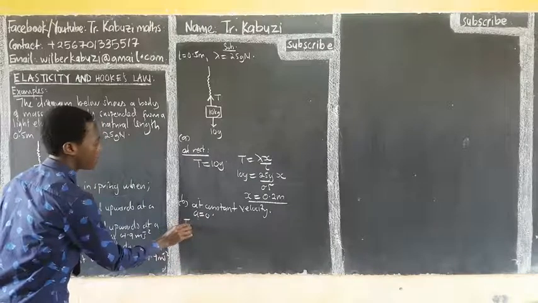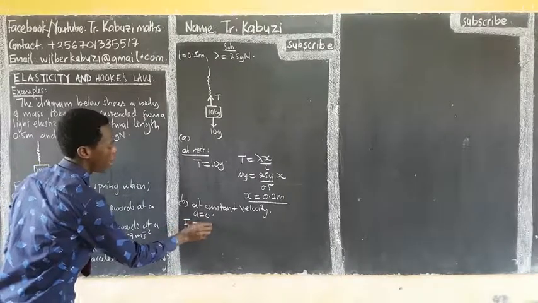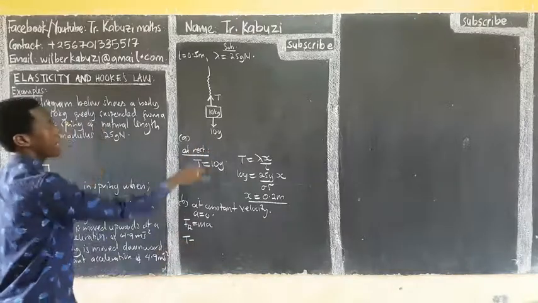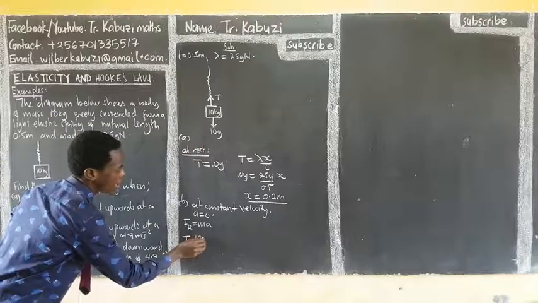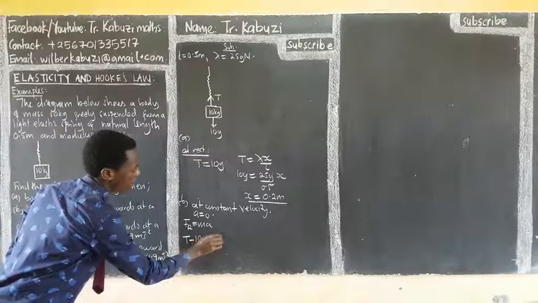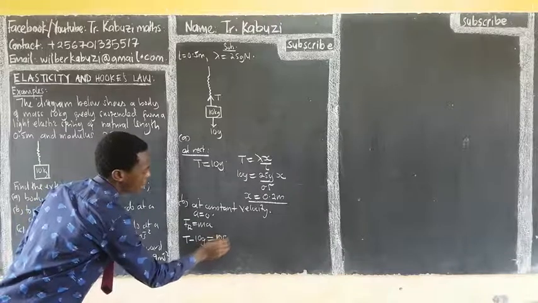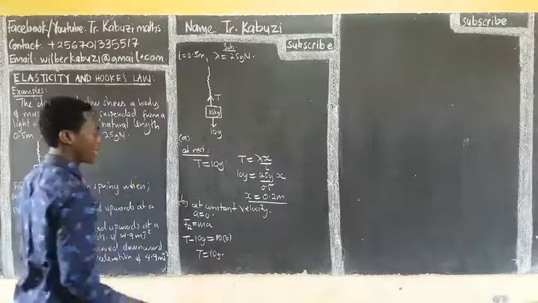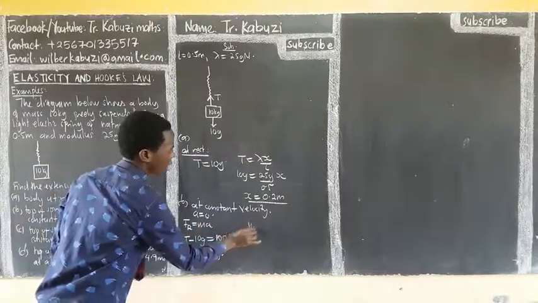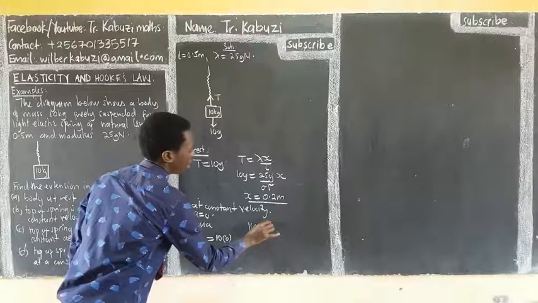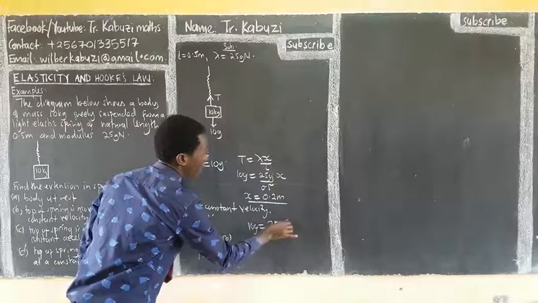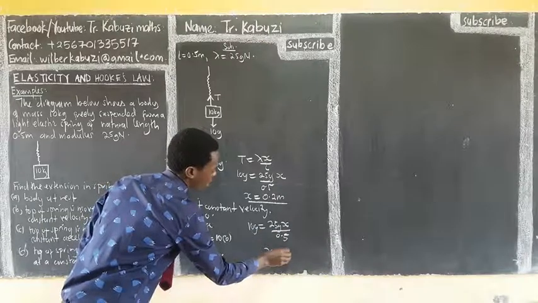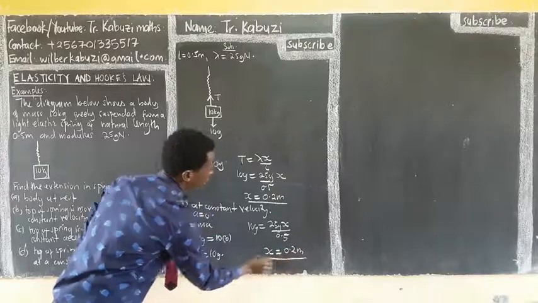So from resultant force equal to MA, what's pulling it up is T, and we have T minus 10g, which is opposing, equal to the mass 10 times acceleration, which is 0. So our T is going to be 10g. If you put it there, 10g is equal to 25g x over 0.5. This still gives our x as 0.2 meters.